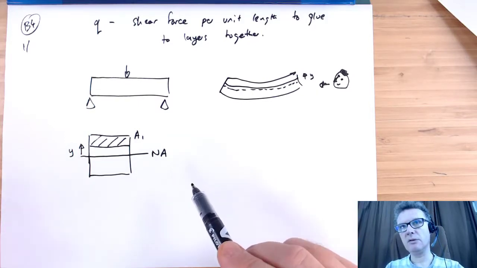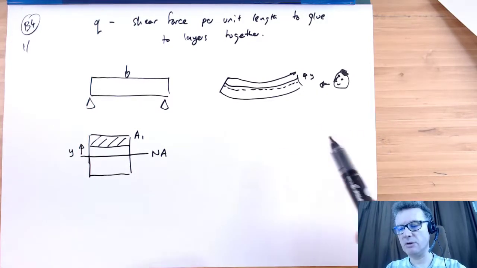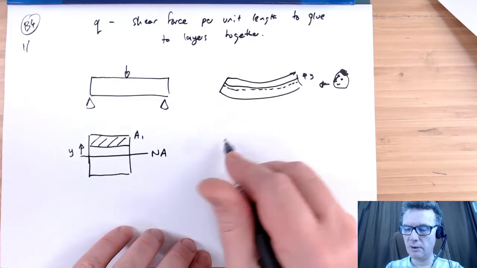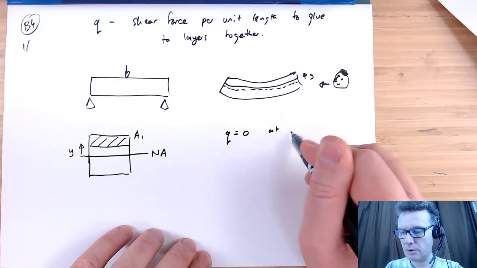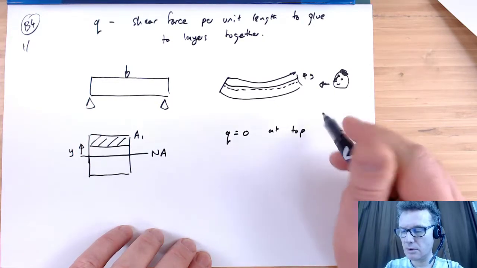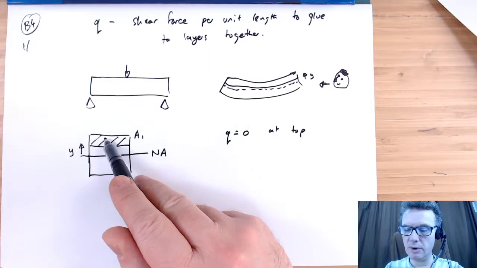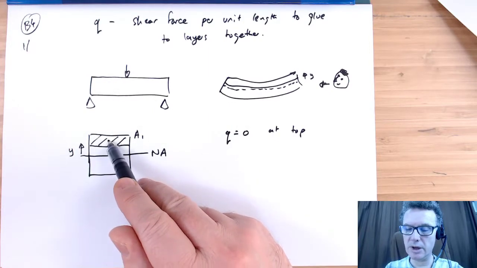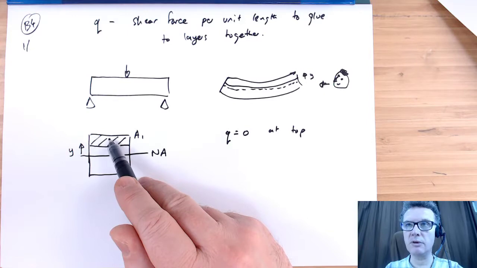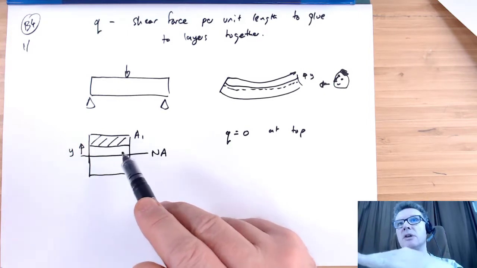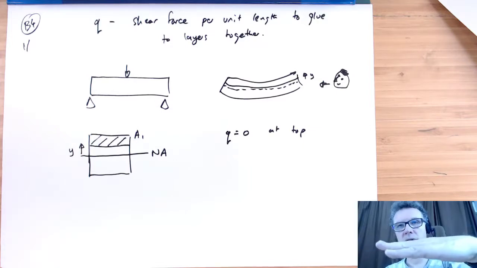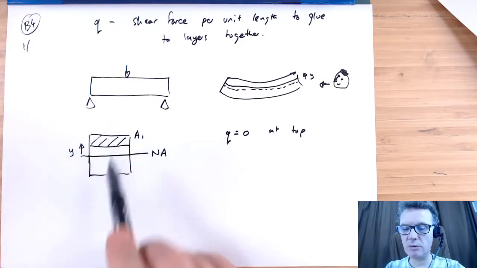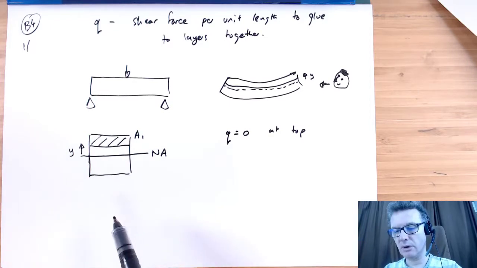It's worth noting from my previous description of Q that I'm expecting Q equals 0 at the top, because if we took this layer further and further closer to the edge, eventually I'm going to get a layer at the top which isn't trying to stick to anything, so there can't be any shear between the top and the outer surface.